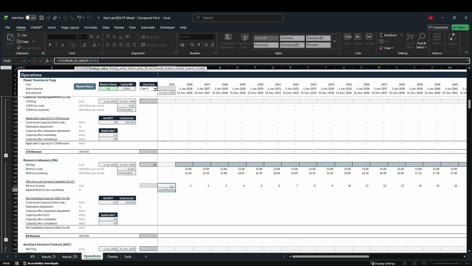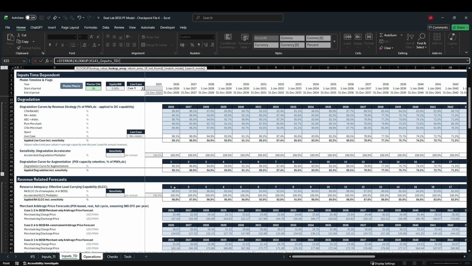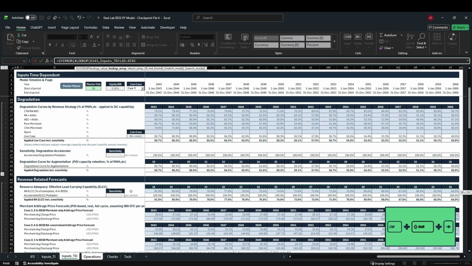And if this cell here, our year counter, is 1 or larger, then we want to look up a certain array in our inputs time dependent sheet. So we will look at this year counter. And the lookup array is right here, row 45. Let's mark this full row, hit F4 once to fully anchor it.